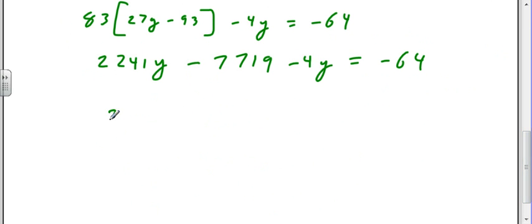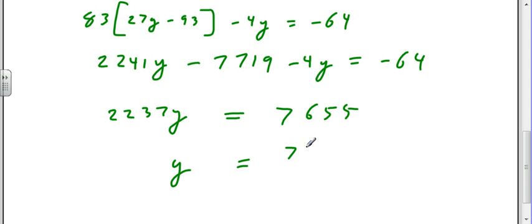Okay, so this is 2237y is equal to 7655. So y is equal to 7655 divided by 2237, which is supposed to be a whole number, 2237.